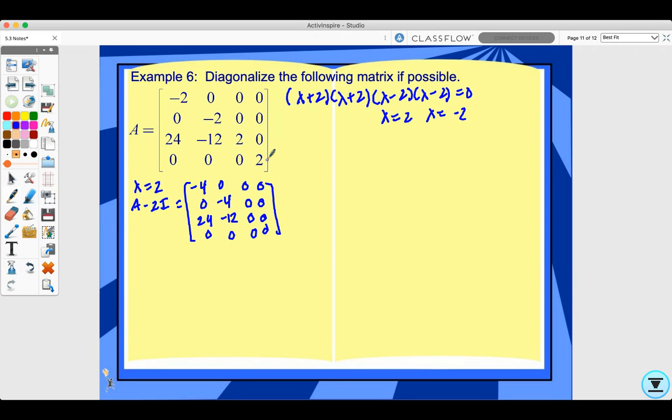Then I need to solve this for when it equals 0. So I need my augmented matrix. So we're solving for A minus 2I times x equals 0.